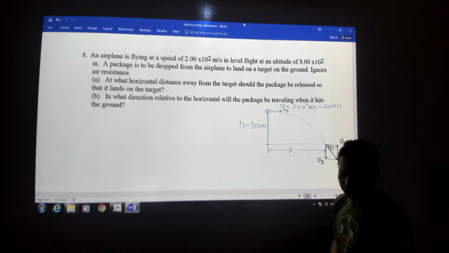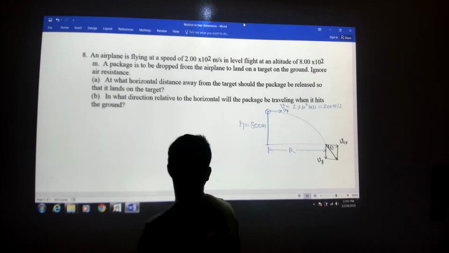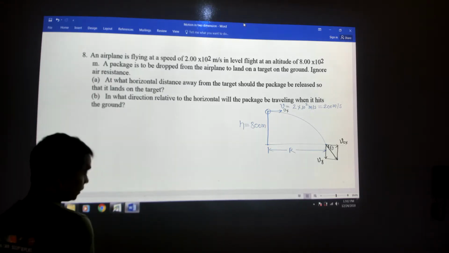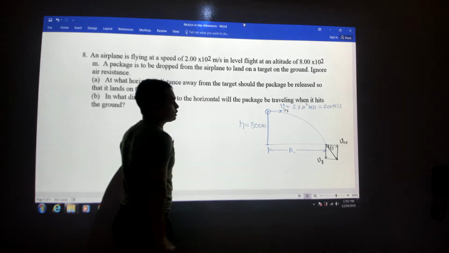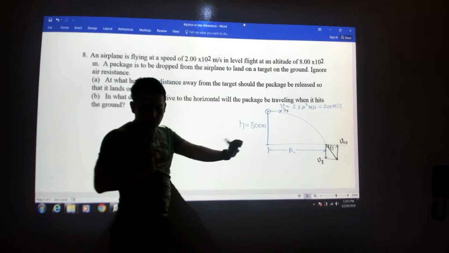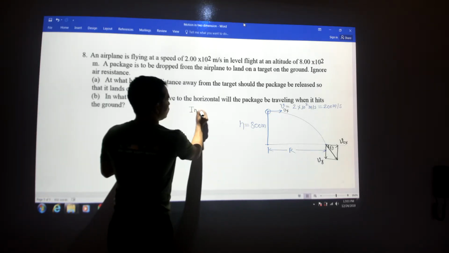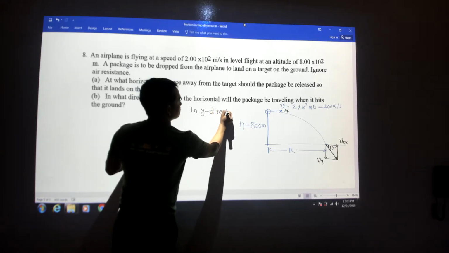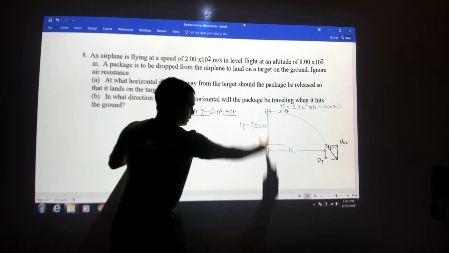Let's find the time. How long does it take to reach the ground? Again, I'm separating this problem into two components. Let's first talk about the y direction.